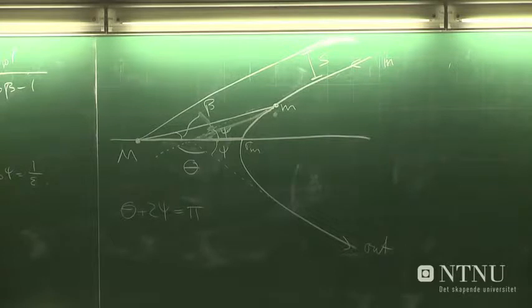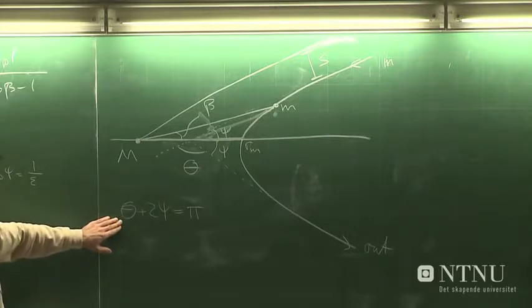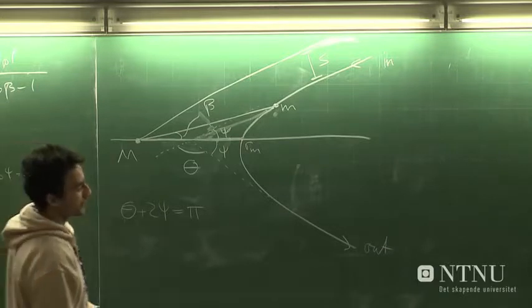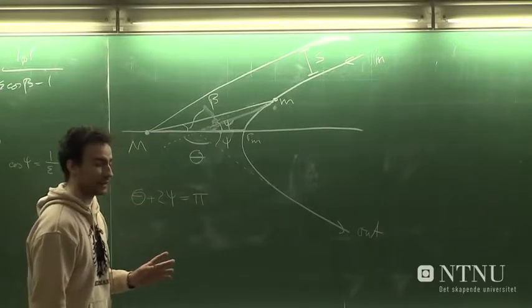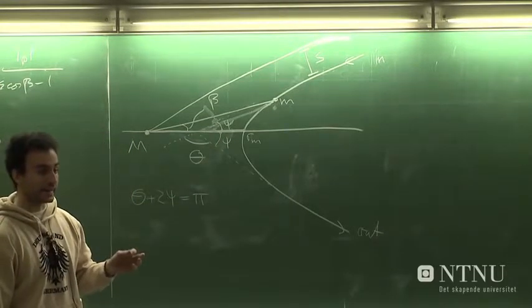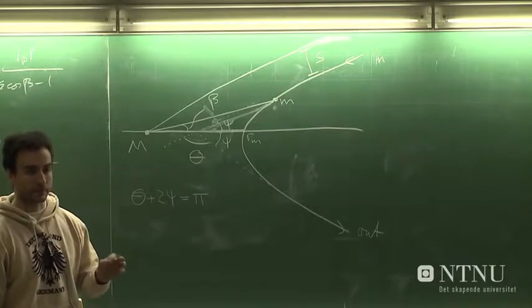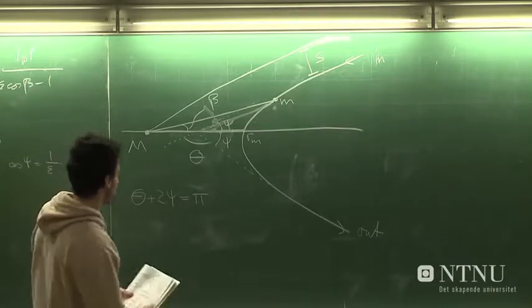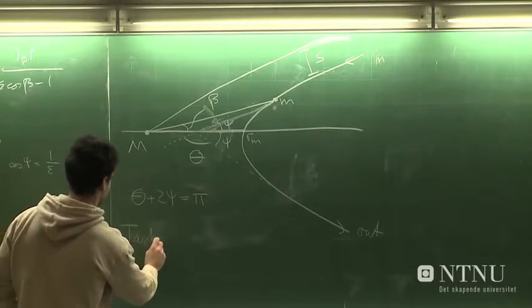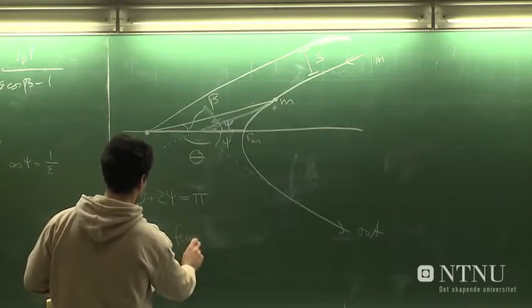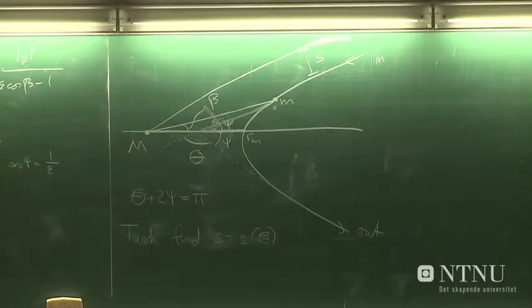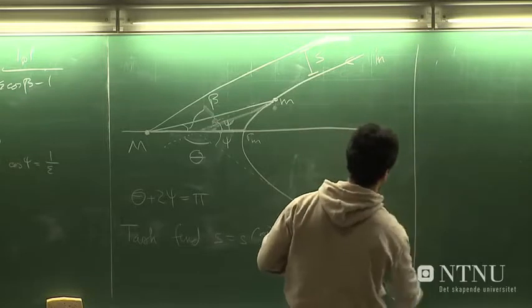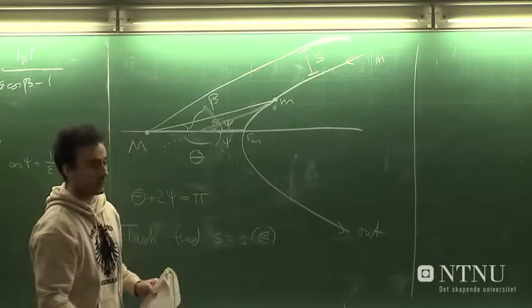Right. We need to know theta as a function of... Yes, precisely. Because if you recall the definition of the differential scattering cross-section, sigma is given as s over sine theta multiplied by ds d theta. So we need to know s as a function of theta to find its derivative. So we need to find s as a function of the scattering angle. Or alternatively, the scattering angle as a function of s. We just invert the relation.